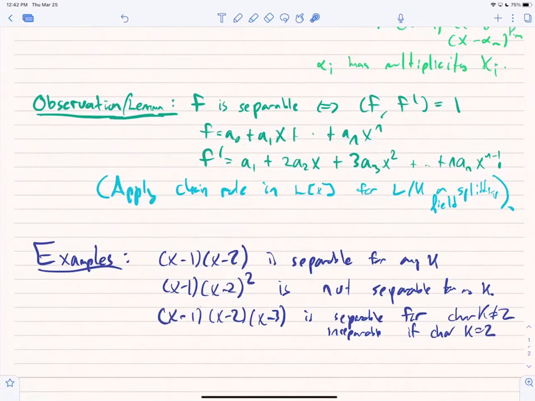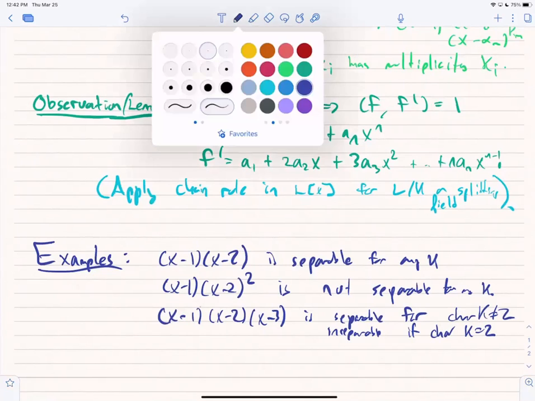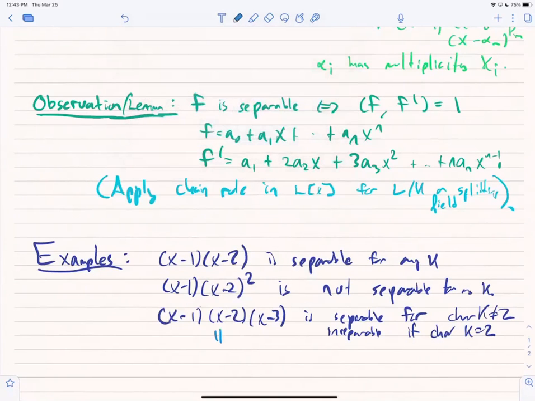Because when the characteristic of k is equal to 2, then 1 is the same as 3. So if the characteristic is 2, this is equal to x minus 1 squared times x minus 2. So that has a multiple root.